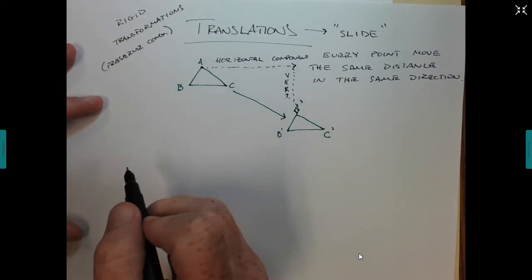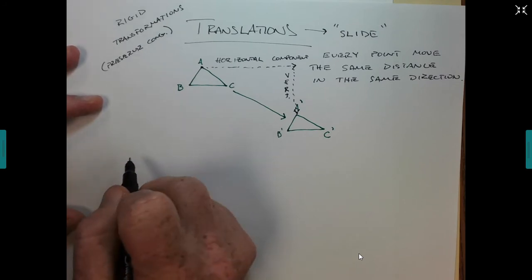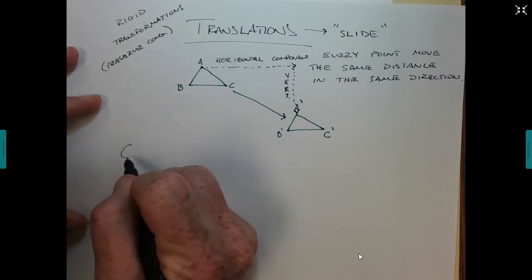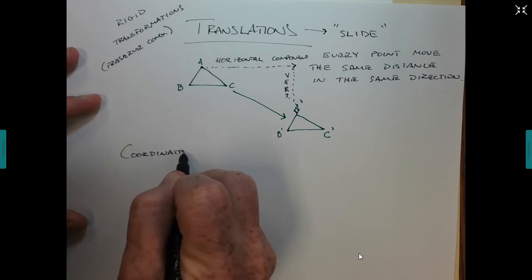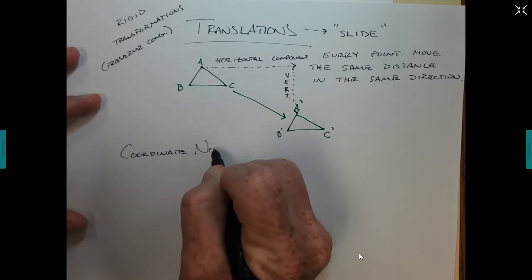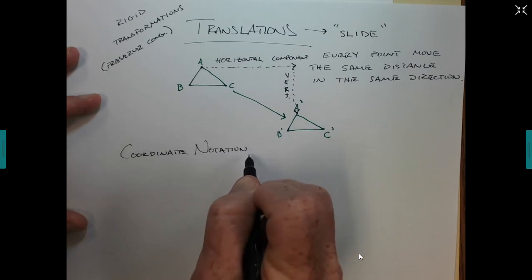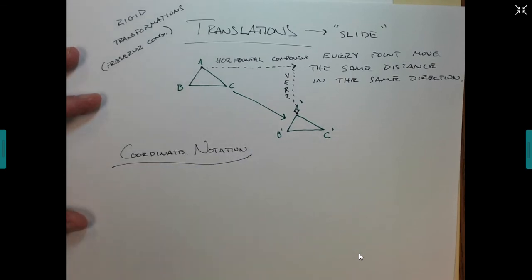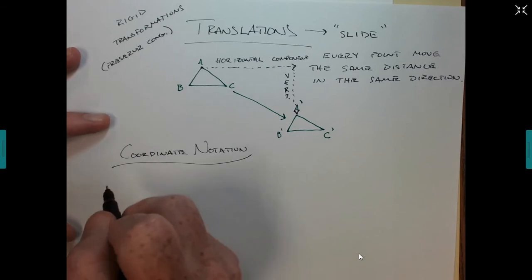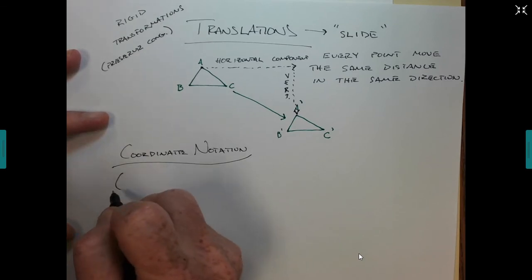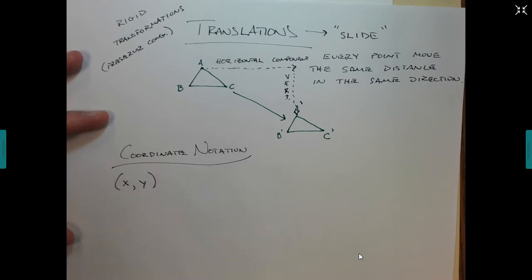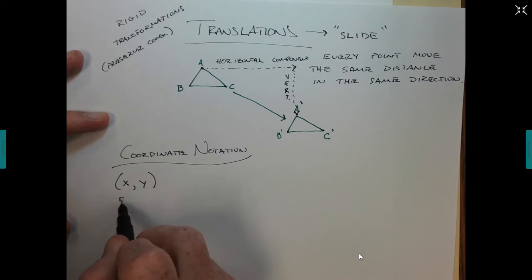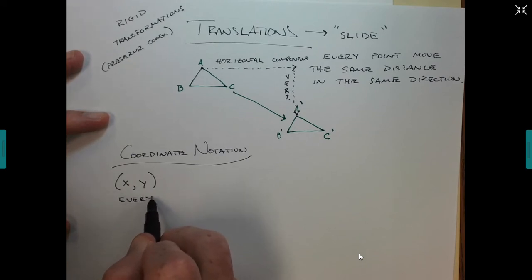So a lot of times when we are explaining, we're going to use what's called coordinate notation. What that would look like is we'll take the symbolism of a coordinate point, which actually represents every point on our object.